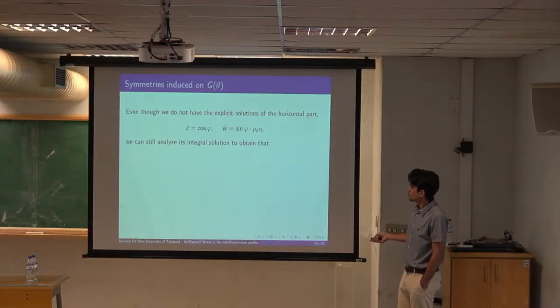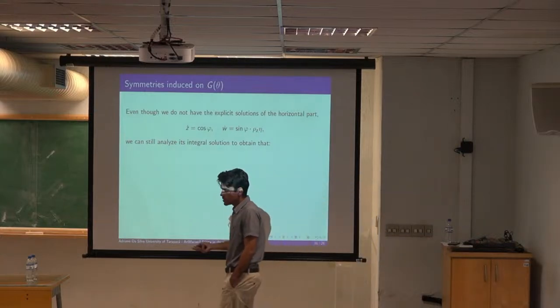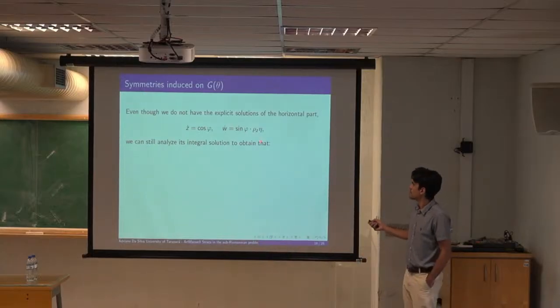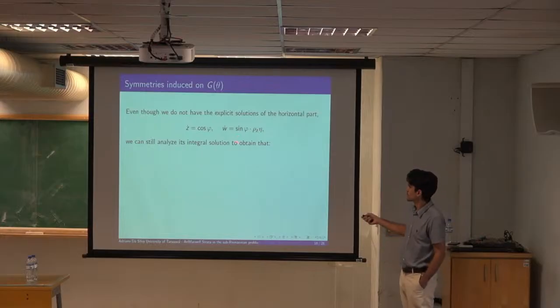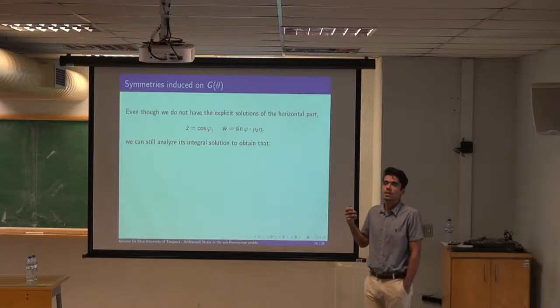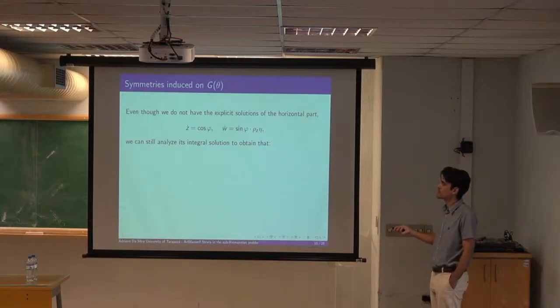Okay, and that was the part where we actually didn't need the explicit solution. We have a basic equation on R^3 here. So that's an R^2 solution, that's an R component, and we can integrate. We have the integral solution. We don't have an explicit solution, but we can integrate that.